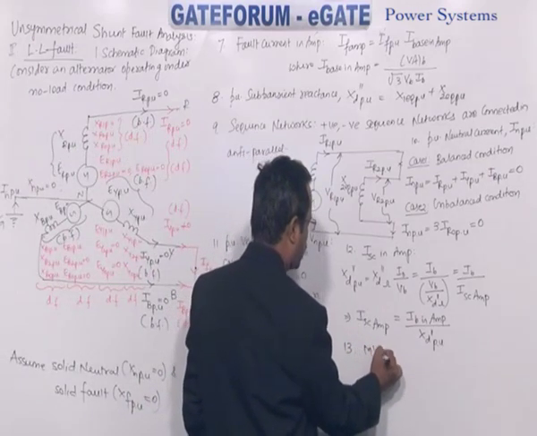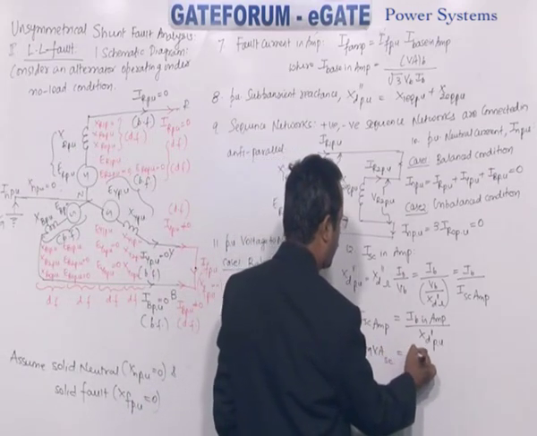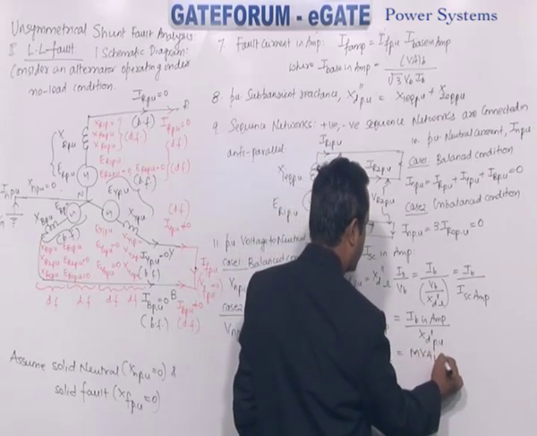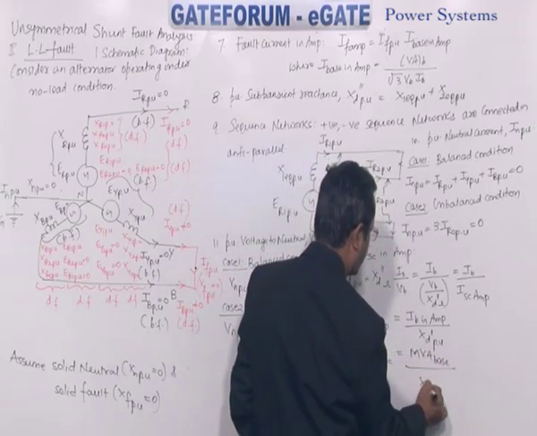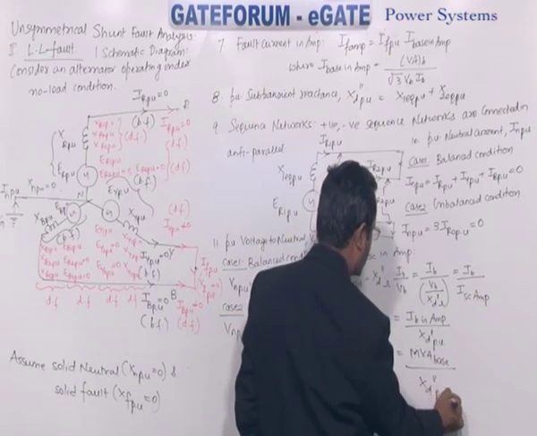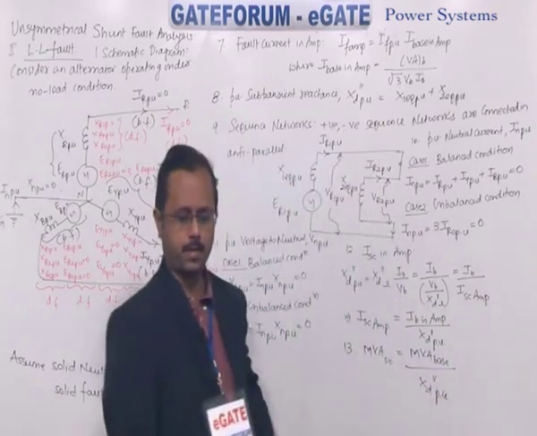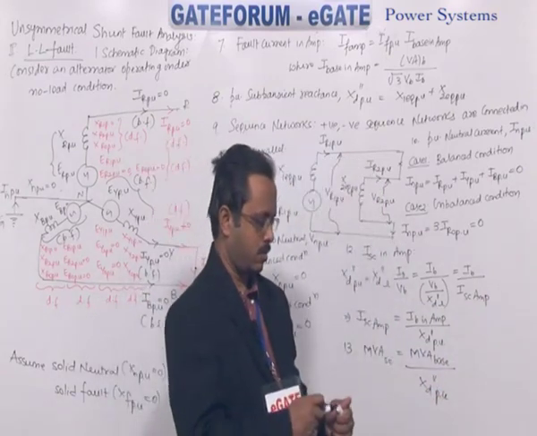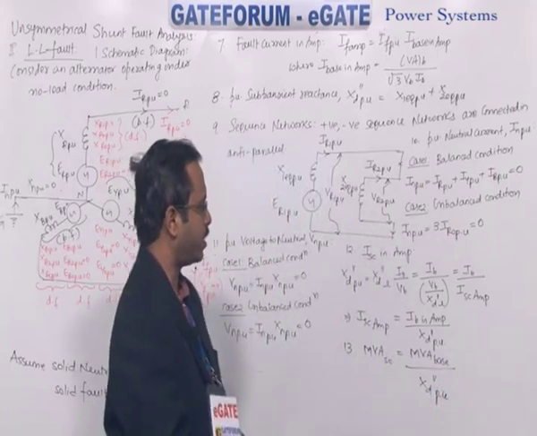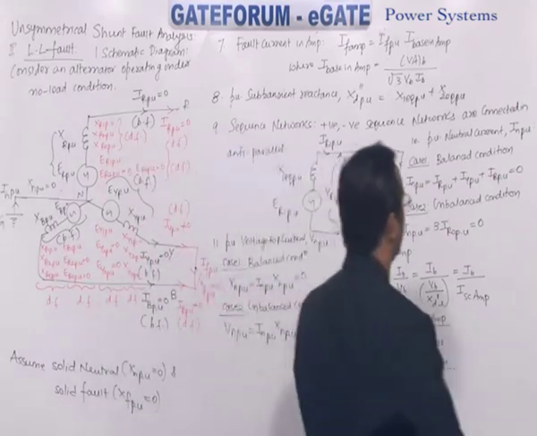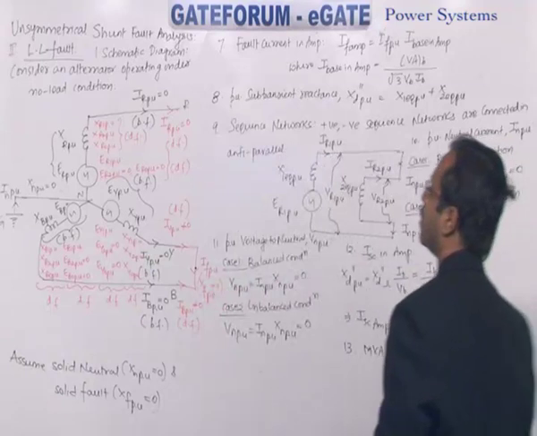So, how to write the short circuit MVA now? It is the base MVA divided by XD double dash per unit.